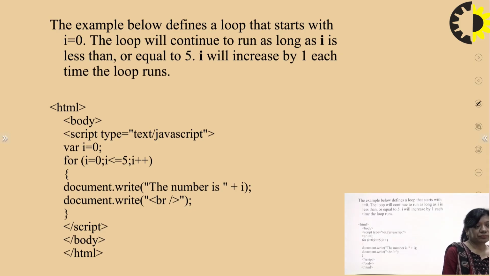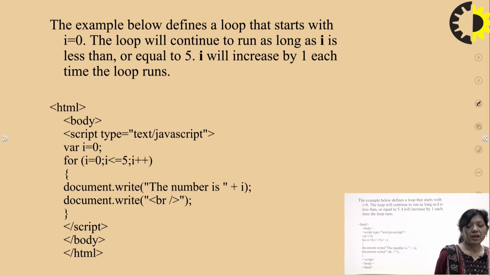And i will increase by 1, because here I use the increment operator each time the loop runs. Here I initialize the value of i to 0, and in the for loop I have written i equals 0, and it will run while the value of i is less than or equal to 5.